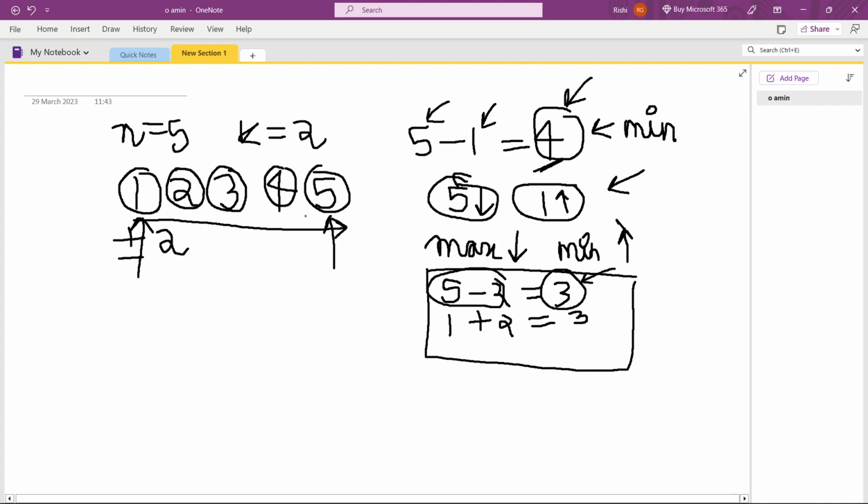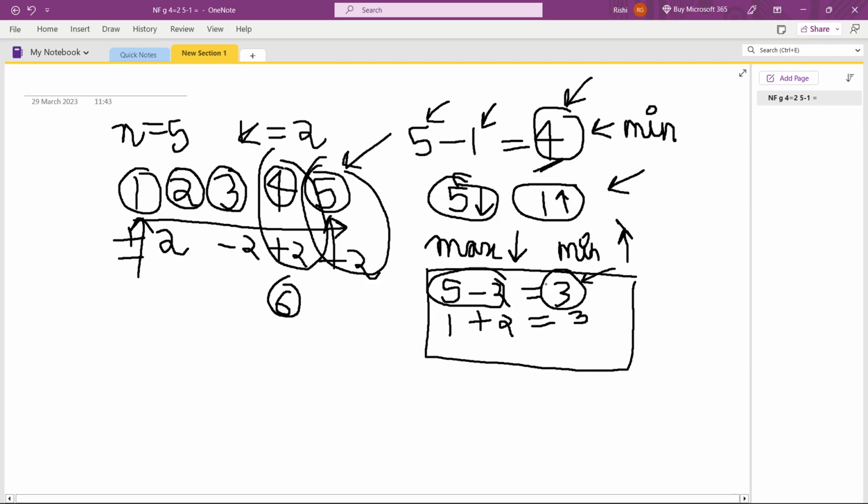Like if I am subtracting 2 from 5 and 2 from this and 2 from this, then in some case I might add 2 here, so it will result in 6, which will be the maximum. So in some case I might add 2 here and subtract 2 from this, so it is not compulsory that the subtraction will result in the maximum number.